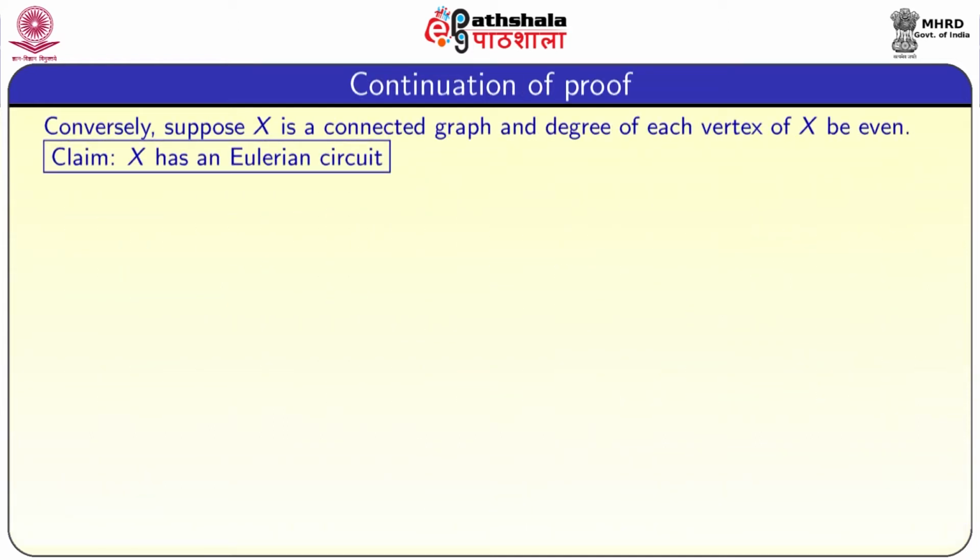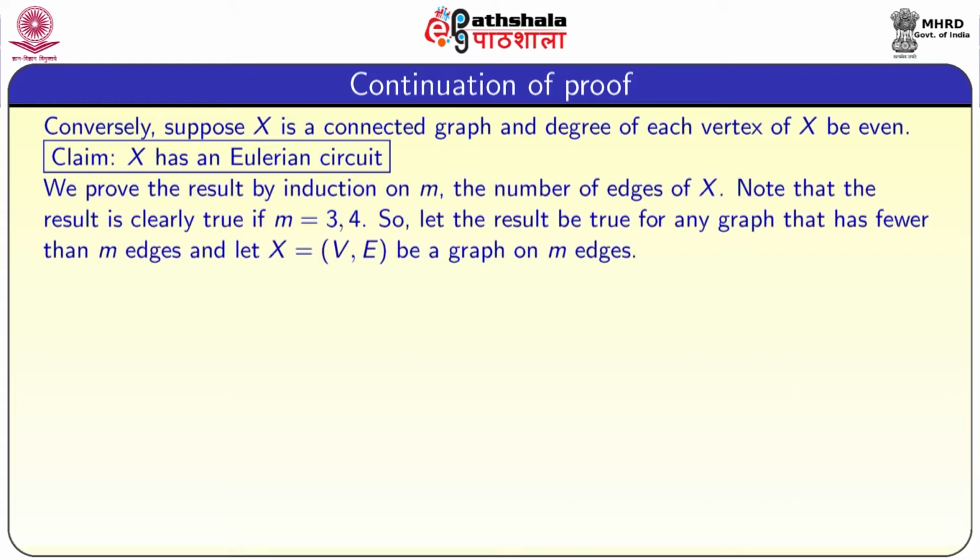Now we will look at the converse part of this result. Conversely, suppose that X is a connected graph and the degree of each vertex of X is even. Now we have to show that X is a Euler graph, or it has a Eulerian circuit. We prove the result by induction on m, the number of edges of X. Note that the result is clearly true if m is equal to 3 or 4.